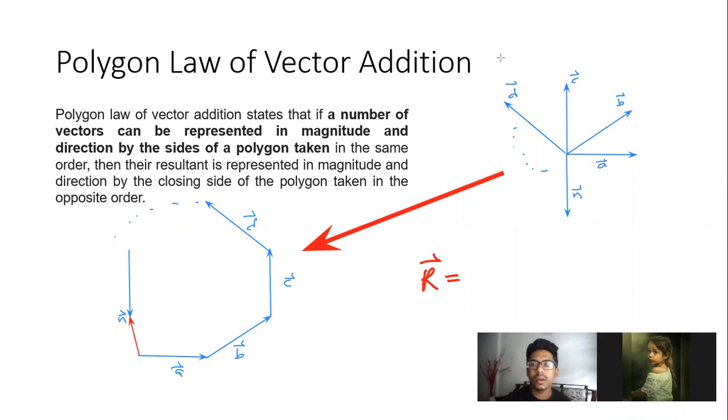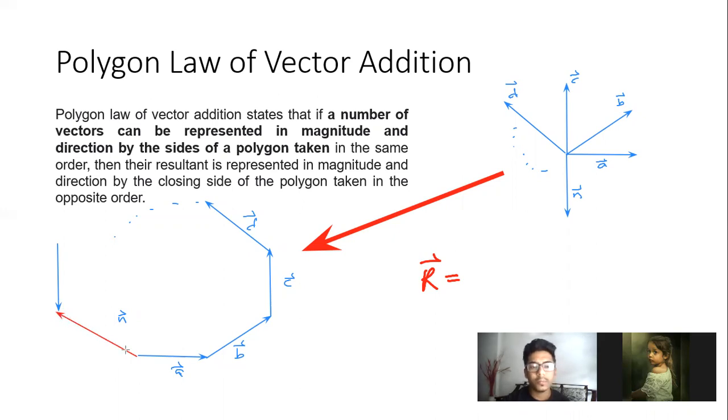Now, what if it ends up somewhere here? Then the resultant vector is larger than that.